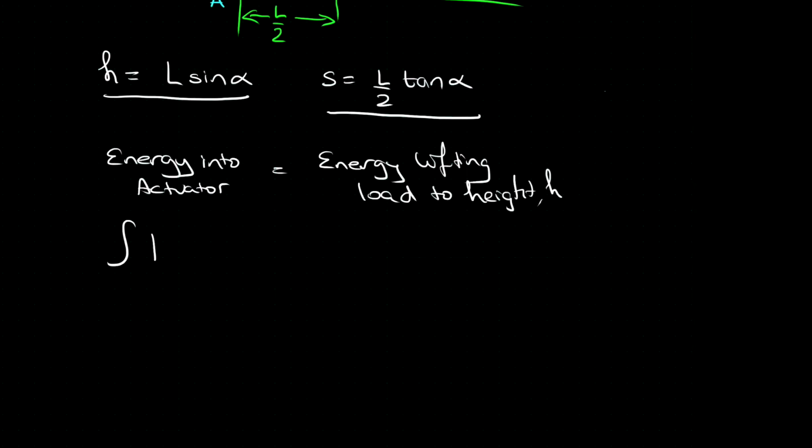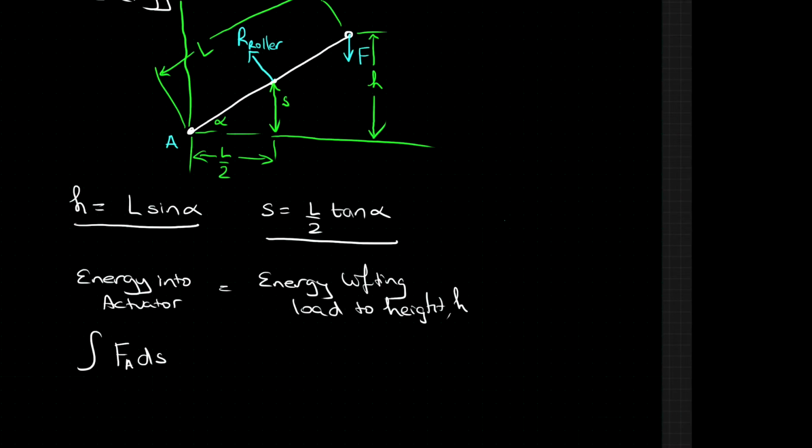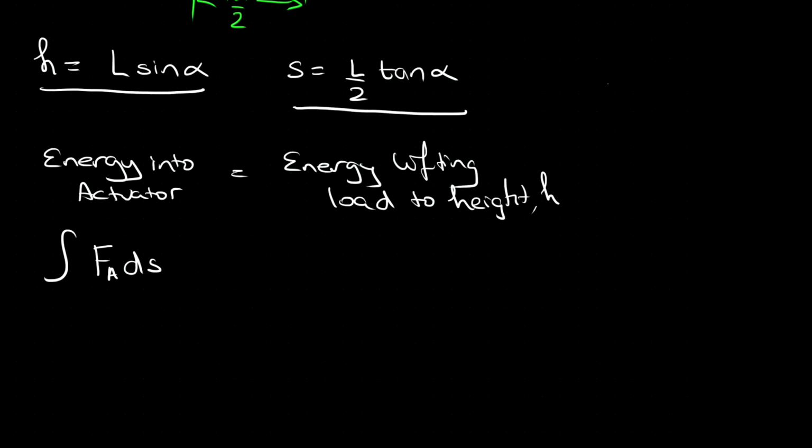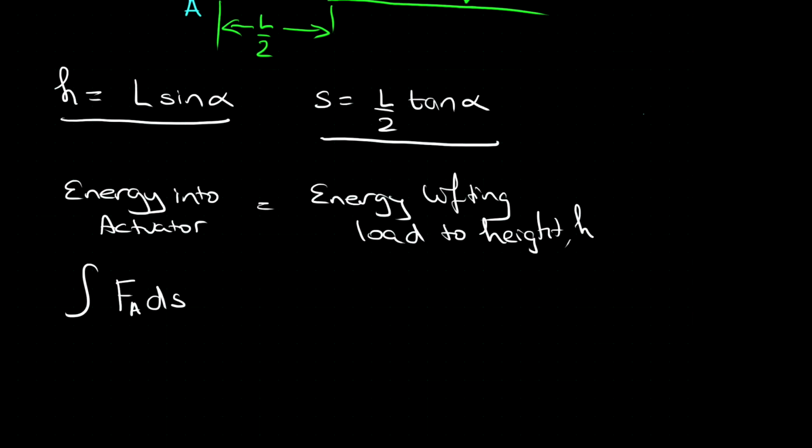So the integral of FA ds, so this is the actuator force in the direction of S. Remember in the free body diagram, we worked out that there was a component FA, and that's the actual component of force applied by the actuator. And the energy is equal to that force times the distance that it's traversed, ds. So that's the integral of FA ds.